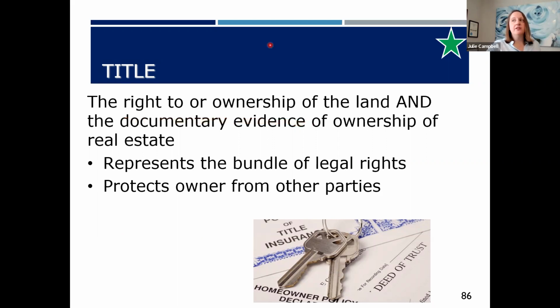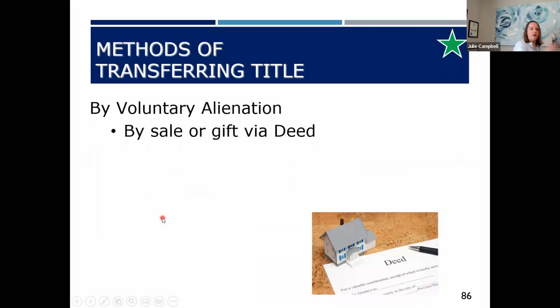So the first thing this unit does is talk about different methods that we can transfer title. The first method is voluntary alienation. If you are alienating yourself from your property, you are separating yourself from your property.